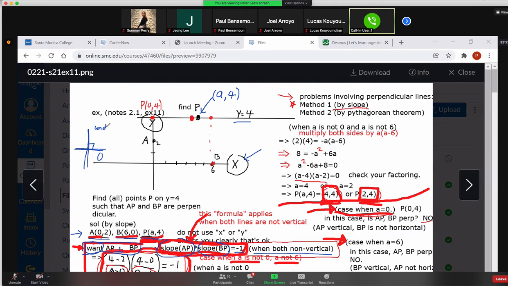The product is not -1, but these two lines are still perpendicular. So again, this is for non-vertical lines. Now let's look at the case. What is the slope of AP? The slope of AP is (4 minus 2) over (A minus 0). That's the slope of AP.